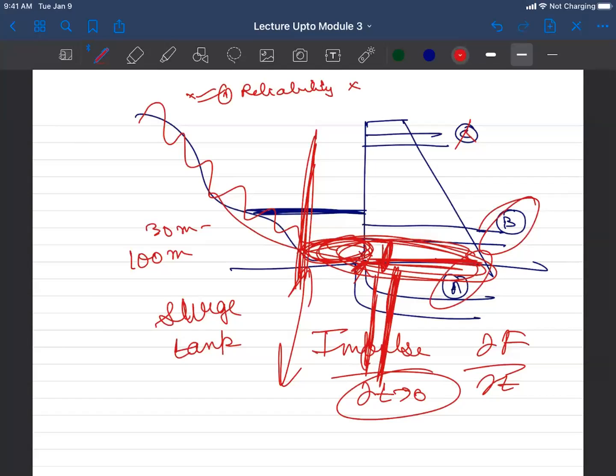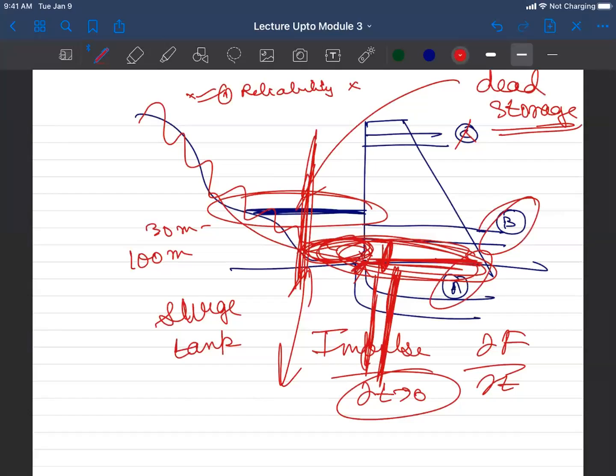Right? And in this case, this would constitute our dead storage. That no matter what, do not take out water from dead storage. Be it full of sediment, be it full of water, do not take water from dead storage. Make sense?